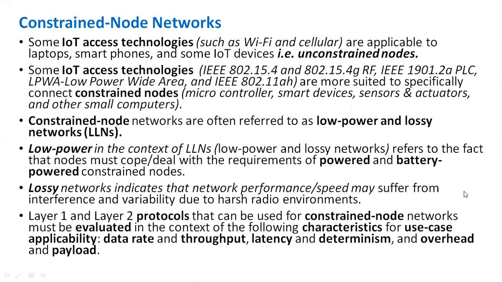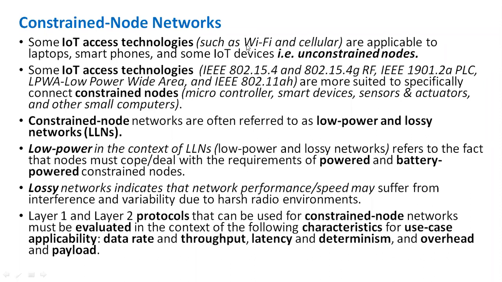Some IoT access technologies are very suitable to connect constrained nodes, and some are suitable to connect unconstrained nodes. Some IoT access technologies, for example Wi-Fi and cellular, we usually use in our smartphones and laptops, right?